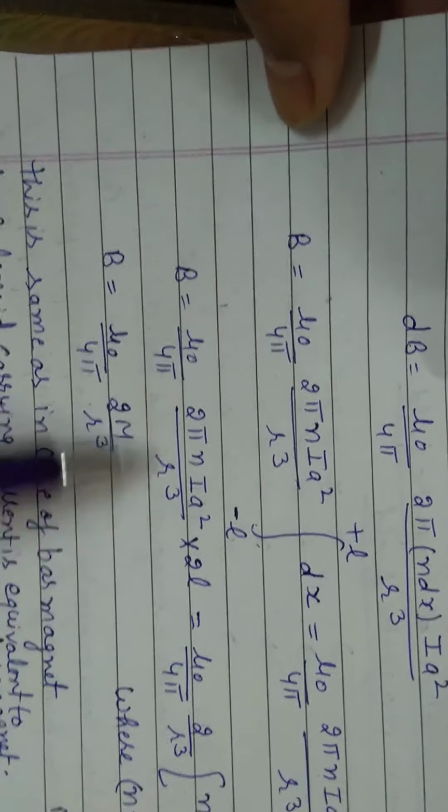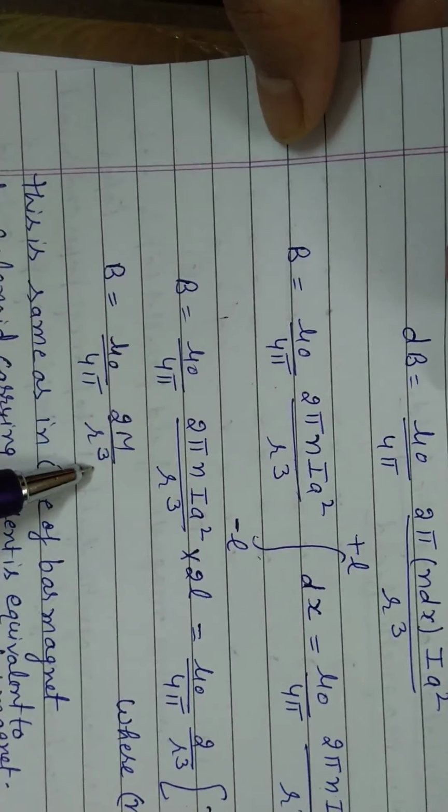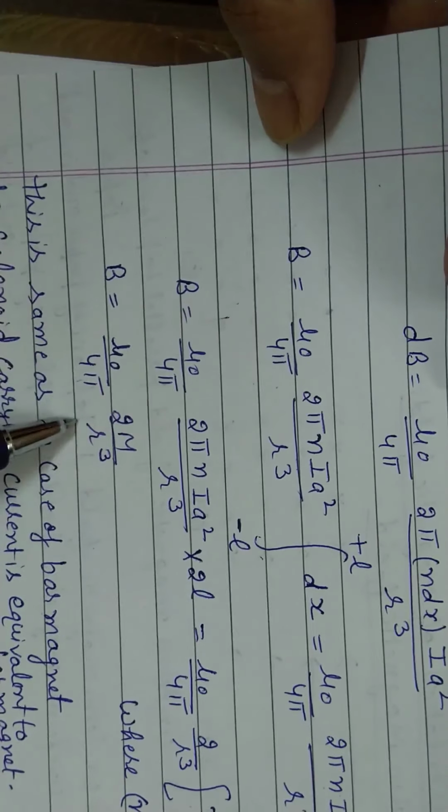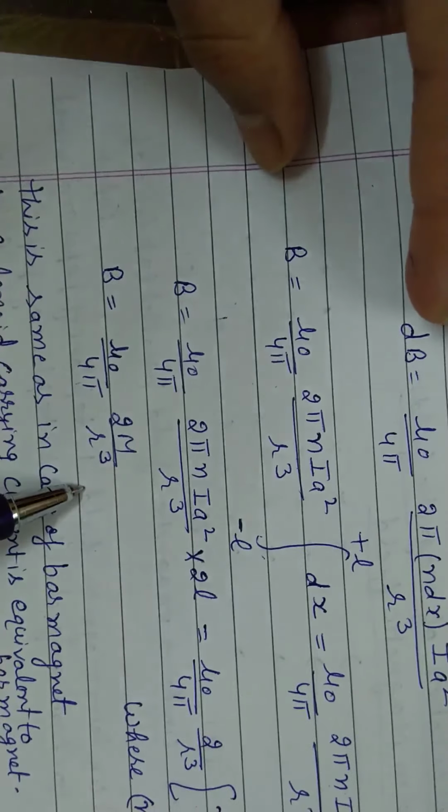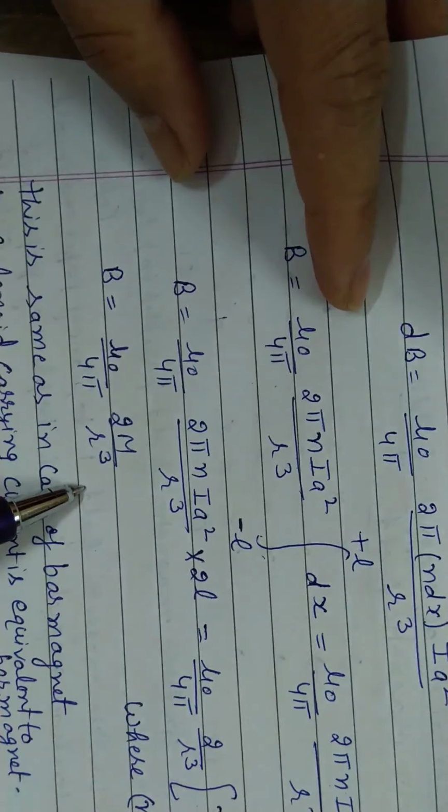By putting these values here, we get the magnetic field due to a short bar magnet on the axial line.